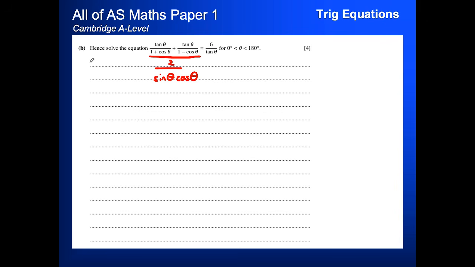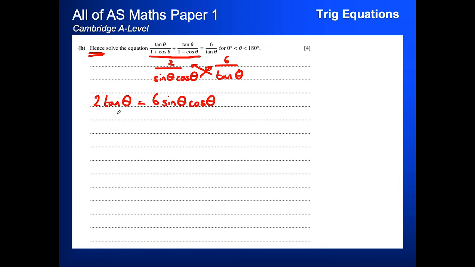So using that, and this word hence gives us the clue we need to use it, we can make this equal to 6 over tan theta. Now at this point there's many different approaches you can take. I'm going to try a cross multiplying approach here. So I'm going to multiply this by this and this by this. If I do that, I get 2 tan theta is equal to 6 sine theta cos theta.